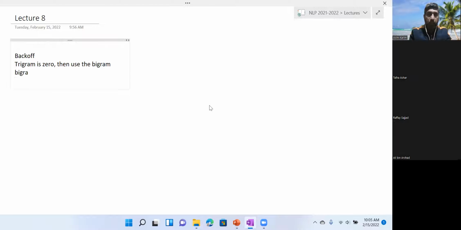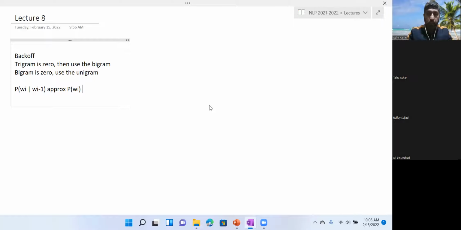Similarly, if the bigram estimate is 0, use the unigram estimate. For example, if P(wi | wi-1) turns out to be 0, you approximate that with simply P(wi). So this is the back-off approach.